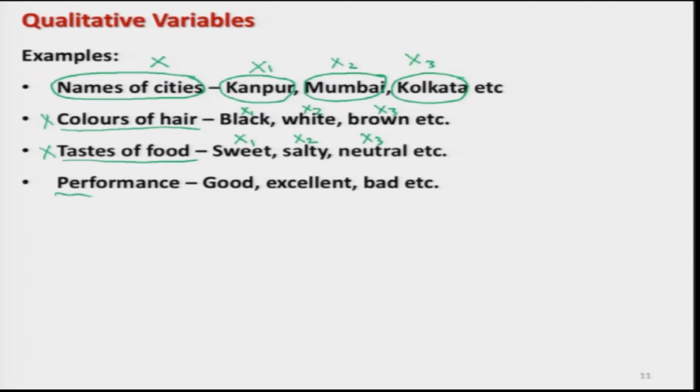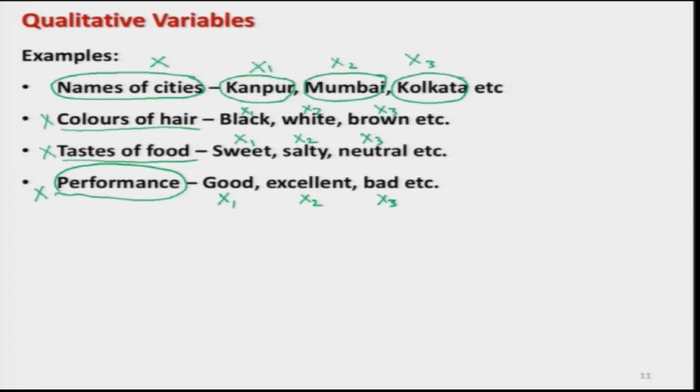And similarly, many times in an examination or any competition, we try to judge the performance of the candidate as good, excellent or bad. In that case, performance can be a variable denoted by x, where good is the first value the variable takes, excellent is the second value, and bad is the third value of x. Again, good, excellent, bad are only qualitative things.